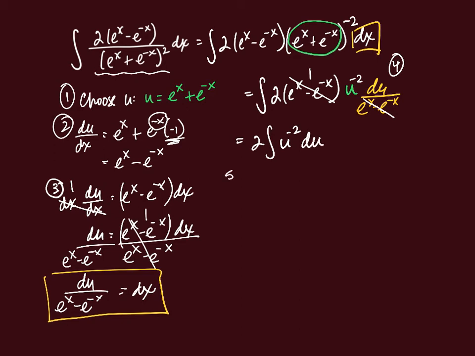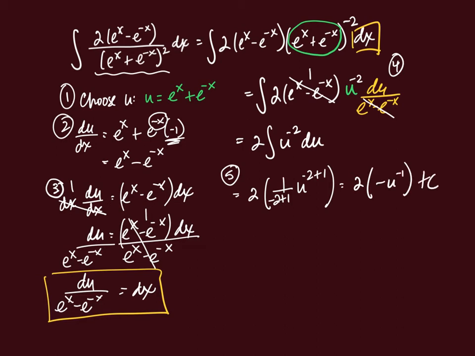And so now I'm ready to integrate. Antiderivative of u to the negative second is u to the negative second plus 1 divided by negative 2 plus 1. So this is 2 times, let's see, negative 2 plus 1 is negative 1, so negative u to the negative 1 plus c.